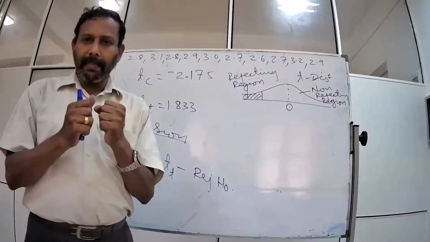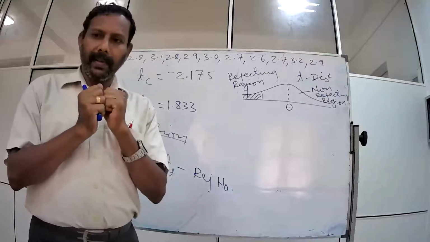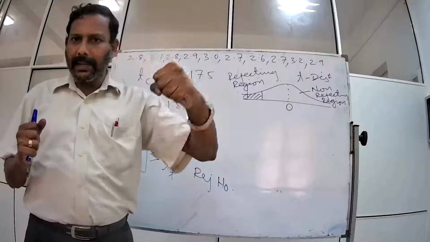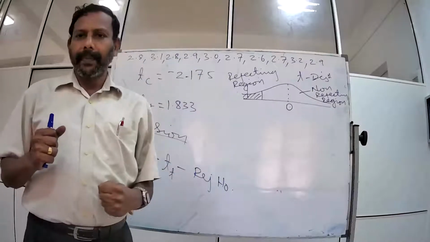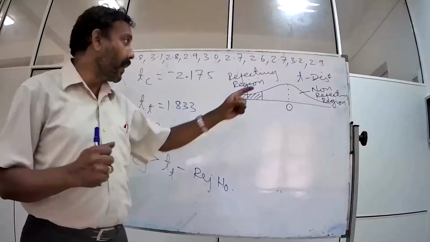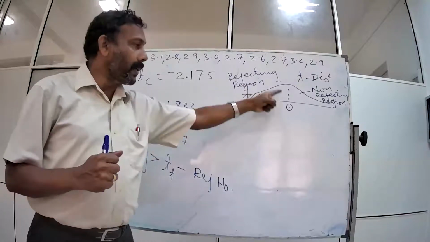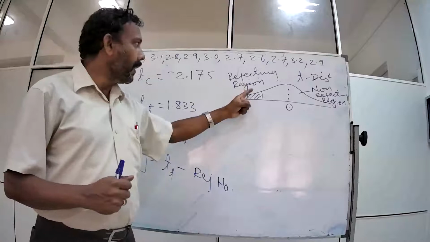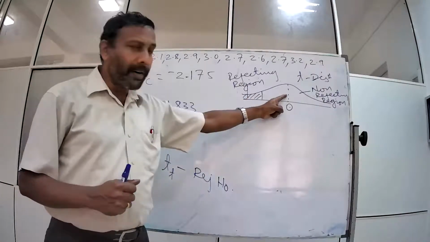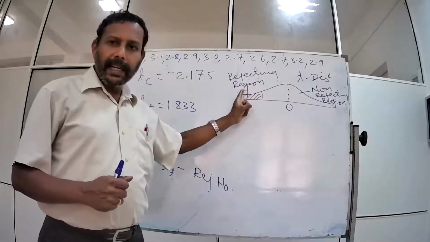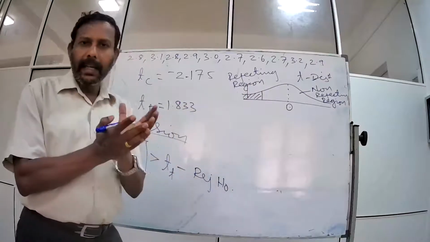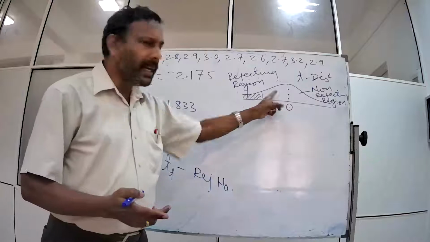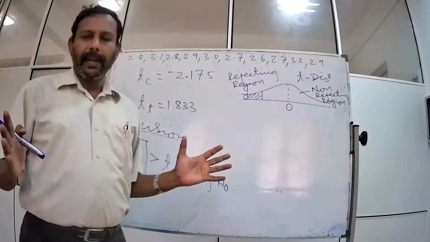So we can accept only one of the hypotheses, either null or alternative, but always we are testing the null. So the rejecting region is the region enclosed by alpha, and the non-rejecting region is 1 minus alpha, as we have seen.